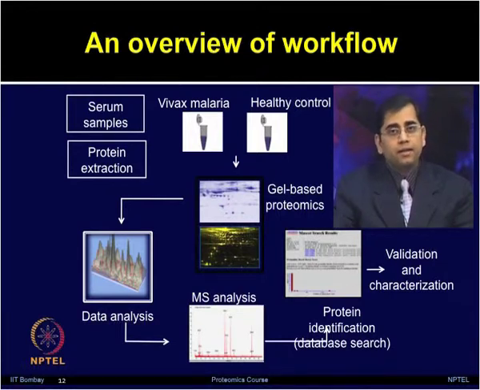We separated a large number of proteins on the gels, compared the data, looked for those proteins which are significantly differentially expressed in vivax as compared to the healthy controls, and then those proteins were subjected to mass spectrometry analysis.